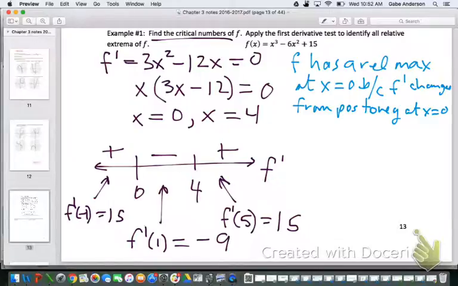Question? Would you say x equals 0? Great question. Usually we're interested in just the x value location. It's possible, and I would say this would be your default. It's definitely possible. A question might say, what are the relative extrema (x, y)?